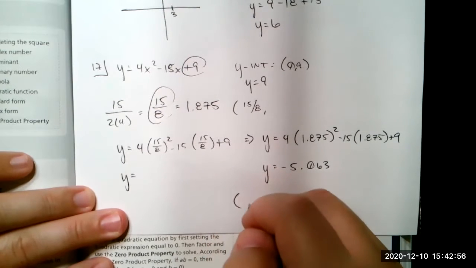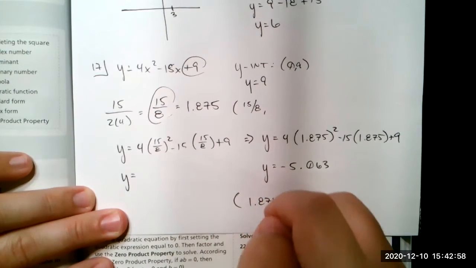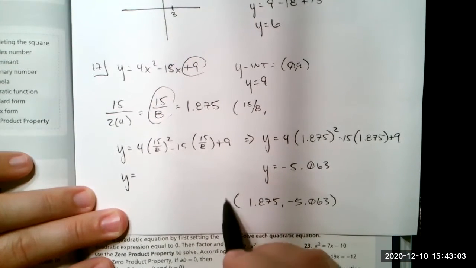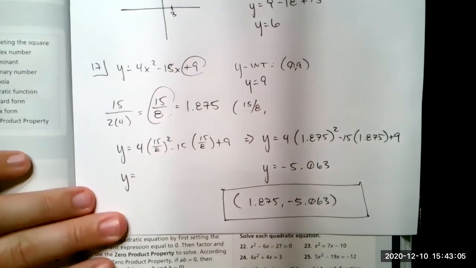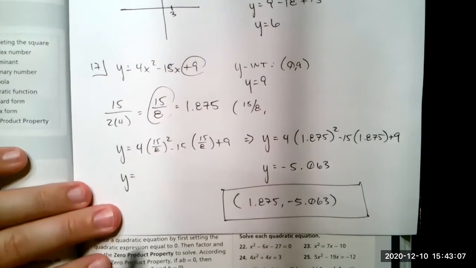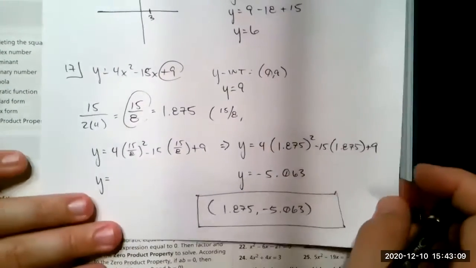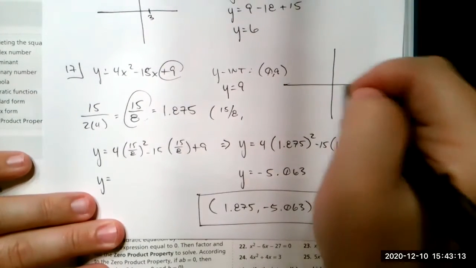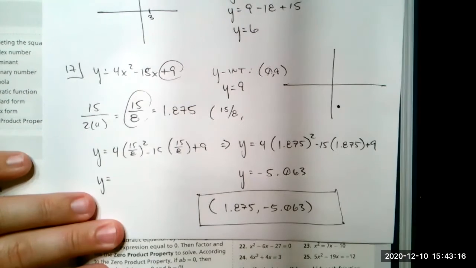So my vertex is going to be at 1.875, comma, negative 5.063. So if I sketch this graph real quick, 1.875, I don't know, something like that.